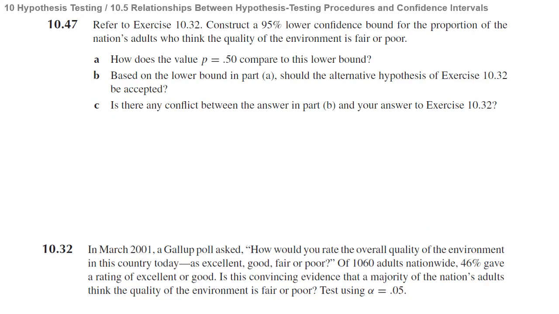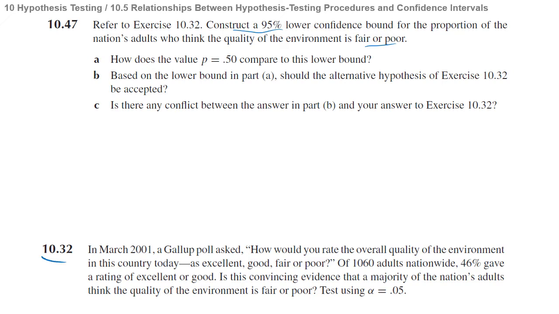Let's move on to exercise problem 10.47. Refer to exercise 10.32. Construct a 95% lower confidence bound for the proportion of the nation's adults who think the quality of the environment is fair or poor. Before we construct it, we should read exercise problem 10.32.